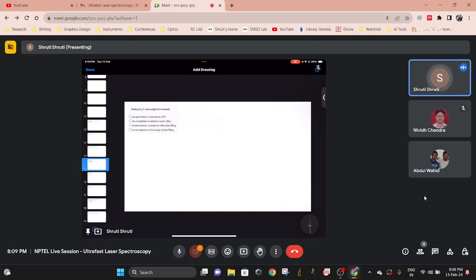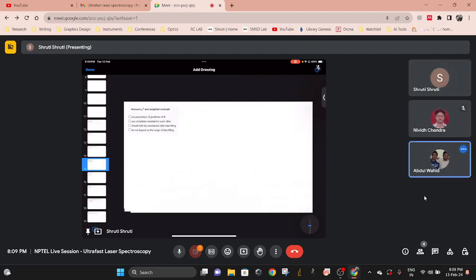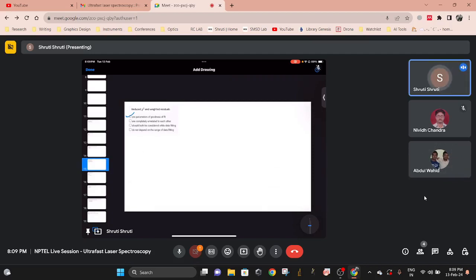Reduced chi-square and weighted residuals are parameters of goodness of fit. Which is true? They are completely unrelated to each other. No, they are related. And this is a multiple select question. They do not depend upon the range of data fitting.